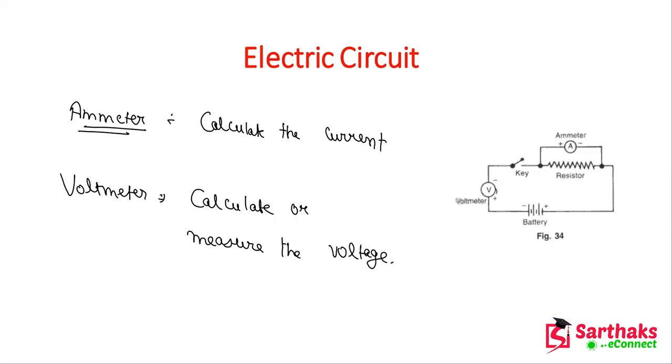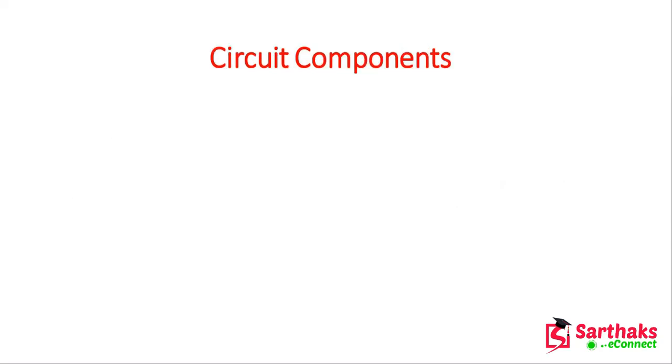Now we are going to look at the symbols of the various circuit components we have seen here. The very first circuit component is the lamp, and we denote the lamp by this sign, or we can also denote it by this sign.